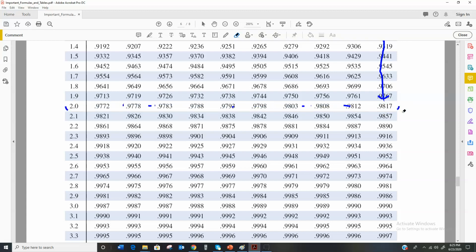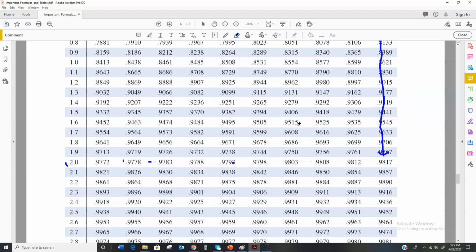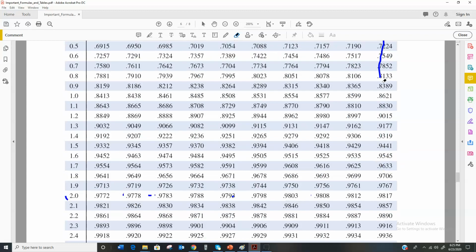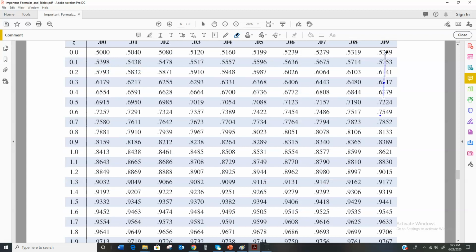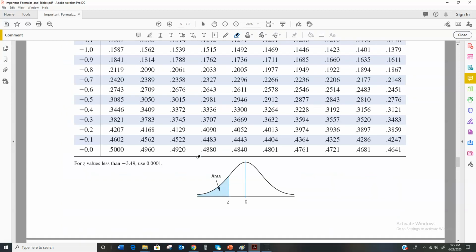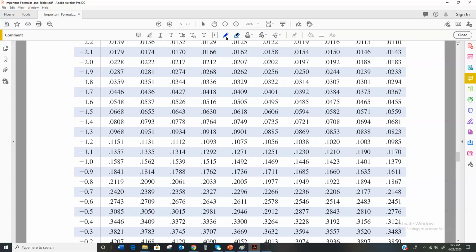We're not going to look on this page, because this page has the positive values and we want a negative z-value. So we go to the other page and look for negative 1.14. Negative 1.1 is here, and then we have to go to 4.